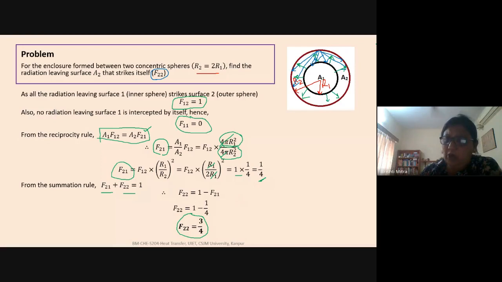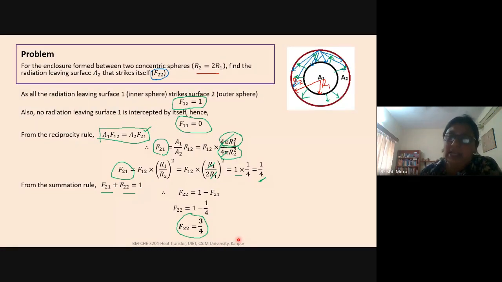Whatever is given out by the outer circle, only 1/4 of that falls on surface 1 and 3/4 of that falls on itself. That means कहीं ना कहीं surface 2 के पे ही जाके वो hit कर जाता है. So that is what is known as F22 is equal to 3/4. So in order to find this value, we have used two of these properties.